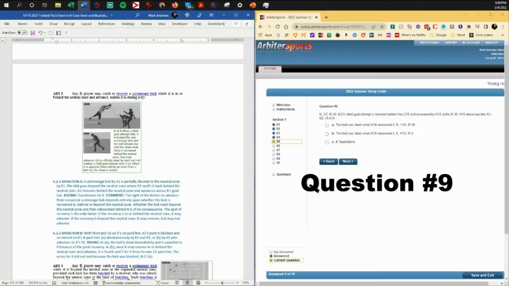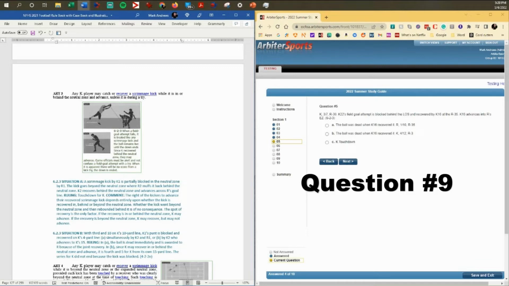So was the ball dead when K recovered it and it's still K's ball? Because it was third down, remember? Or was this a touchdown? So I missed on the first answer. It's asking if it's R's ball after K recovered it.